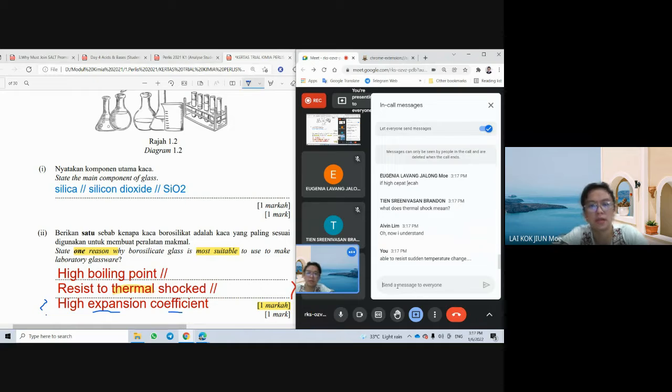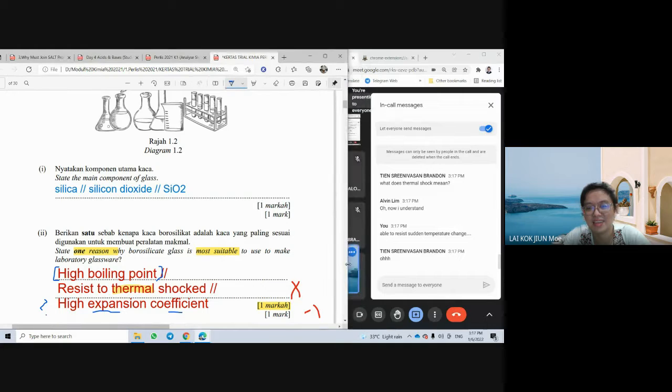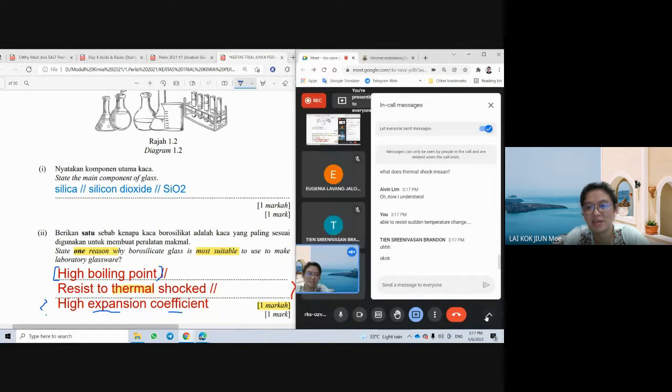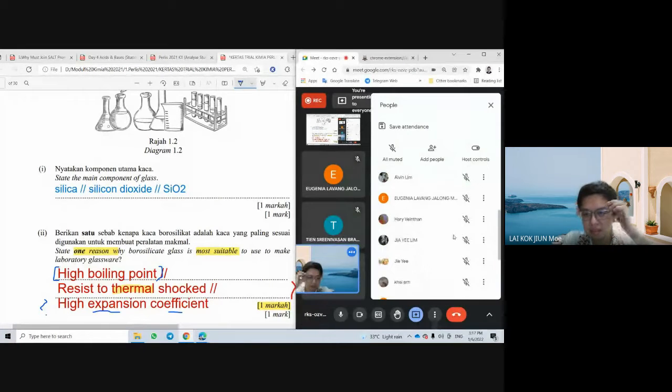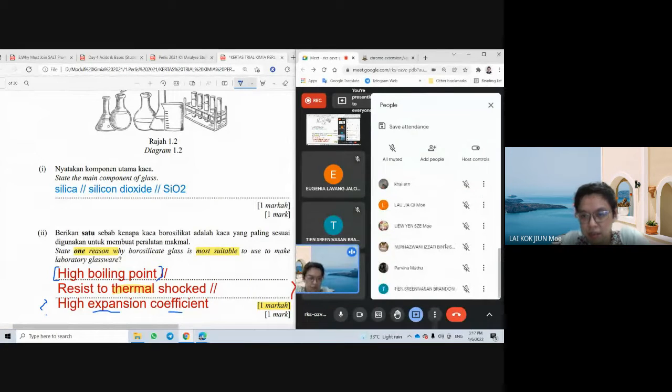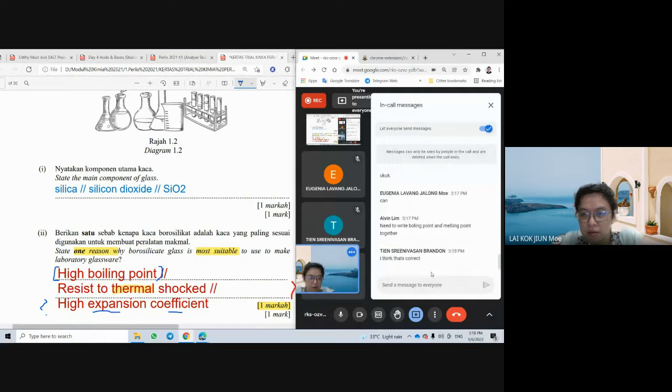You see, actually, for the first one, do you think it's accepted? High boiling point. Do you think it's accepted? Brandon, agree for number one? Albert, Jia Yi, Kai En, what do you think? Pavina, Nuhawani, what is your opinion? Do you think the first one, high boiling point, we accept or not?